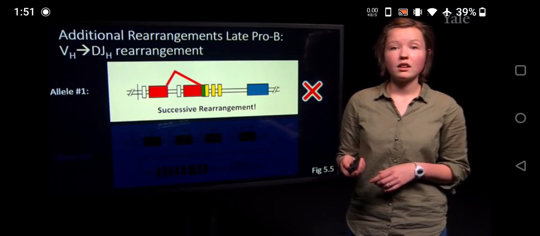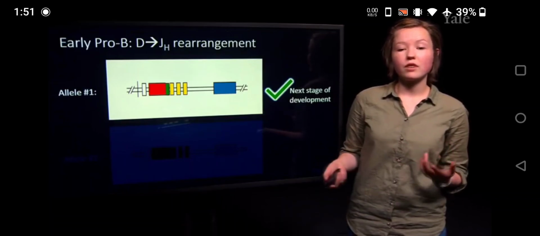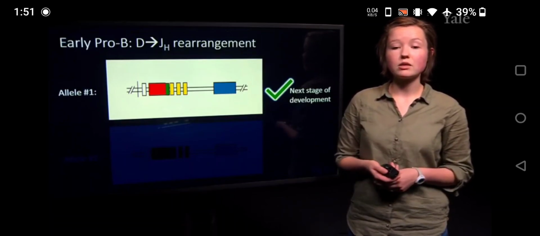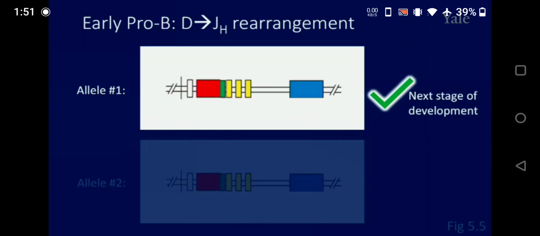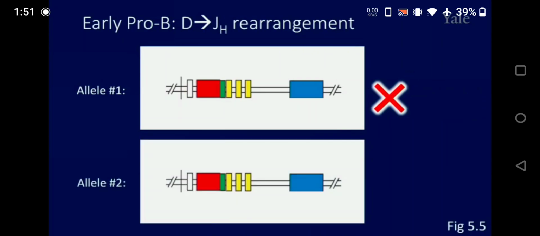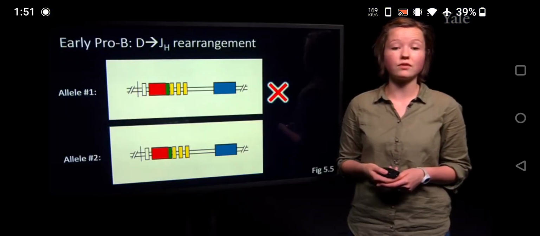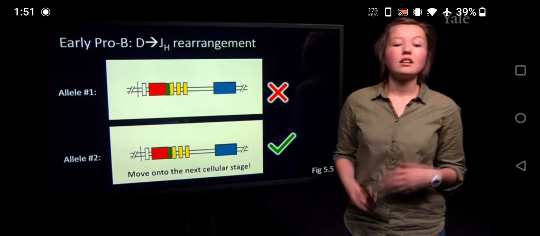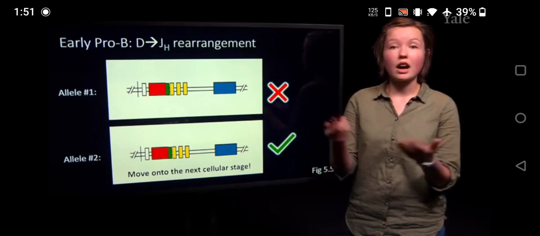After these successive rearrangements, if we have successful rearrangement, then the cell is able to move on to the next stage of development. And in the case that this is not successful, so if the first allele that underwent recombination fails, then recombination can be attempted at the second allele.